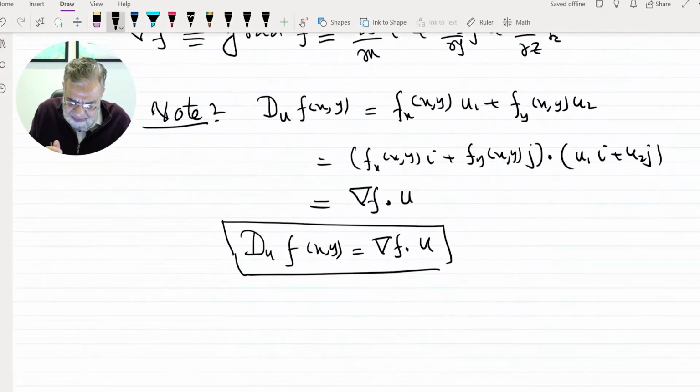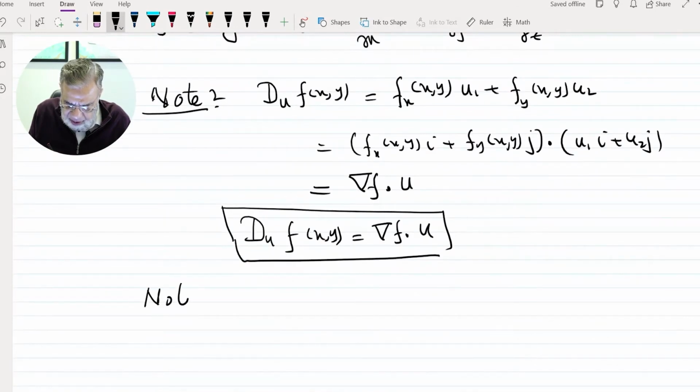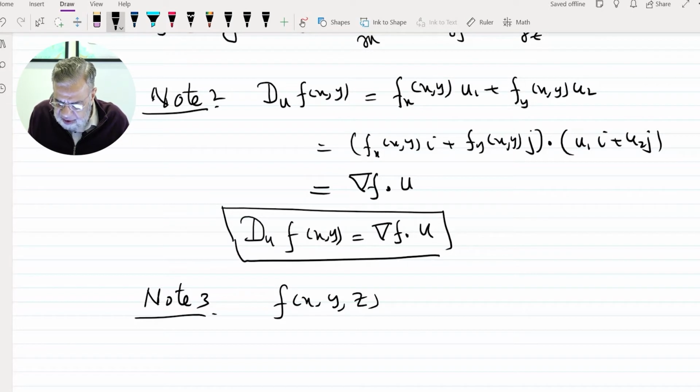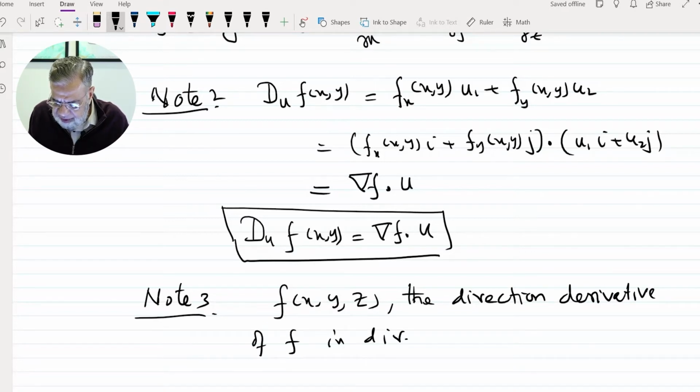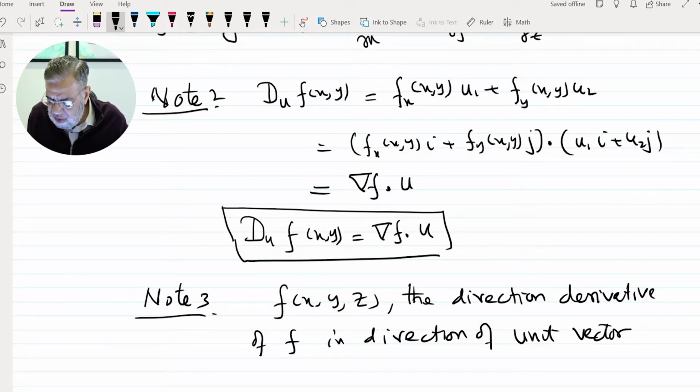I take here note 3, and now I have a function of 3 variables, f(x, y, z), and the directional derivative of the function f in the direction of the unit vector u.